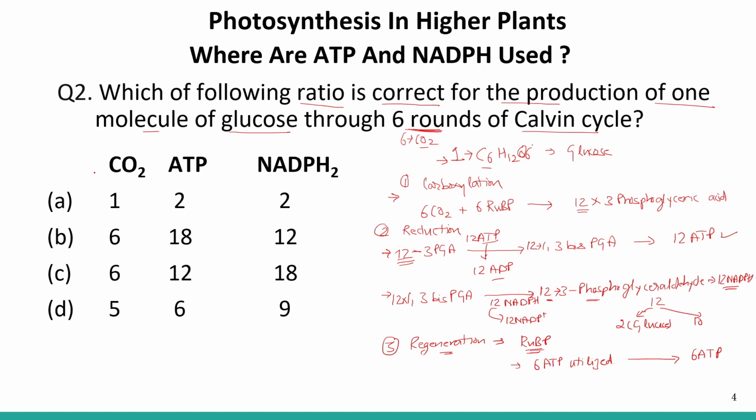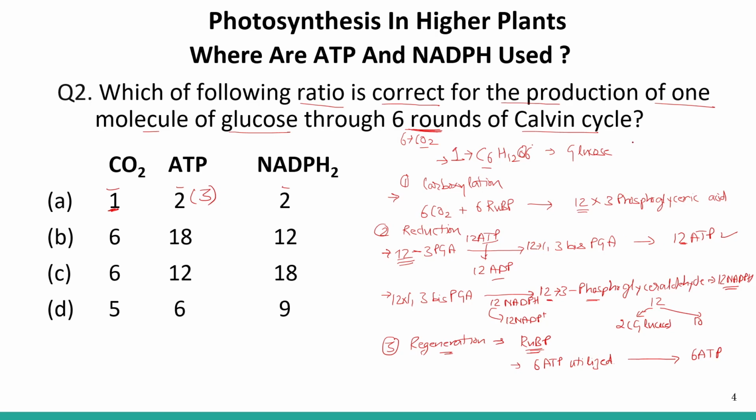Okay, so now let's look at the options. We have to select the correct ratio here. So for 1 carbon dioxide they are saying 2 ATP and 2 NADPH. So this is not true because 3 ATP are used. Okay, if we talk about 1 carbon, alright, this was for 6 carbon.